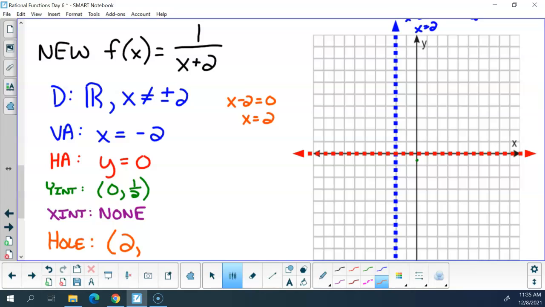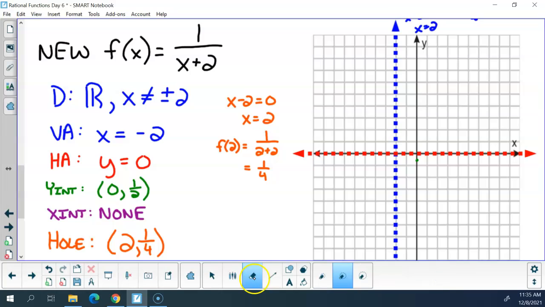I plugged the 2 into my new function, so the hole is at 2 comma 1/4. I put a circle there.